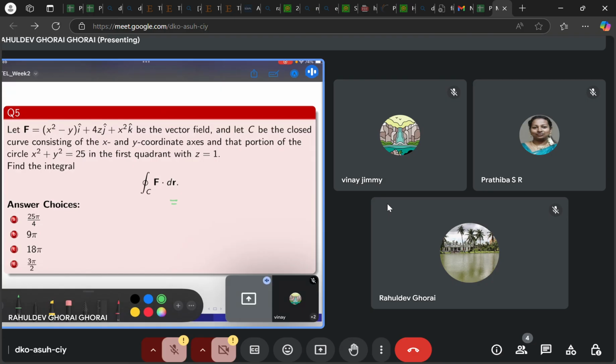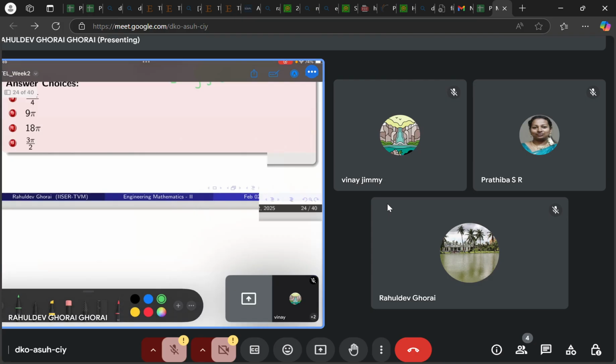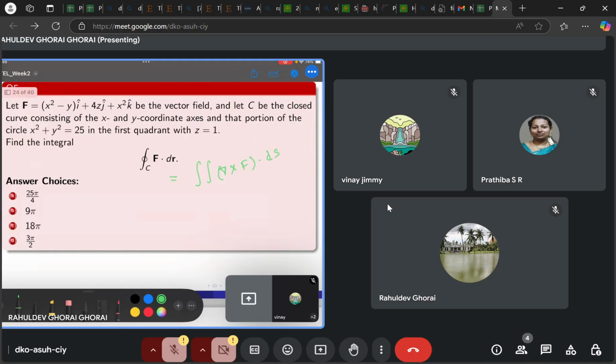So, by Stokes' theorem, what is this? It will be the integral of the curl of F, gradient cross F, dot the vector unit normal times dS, right? This is Stokes' theorem.